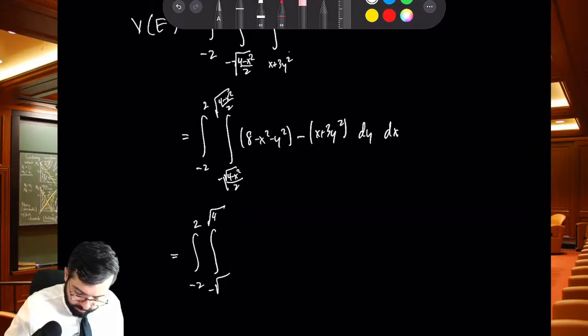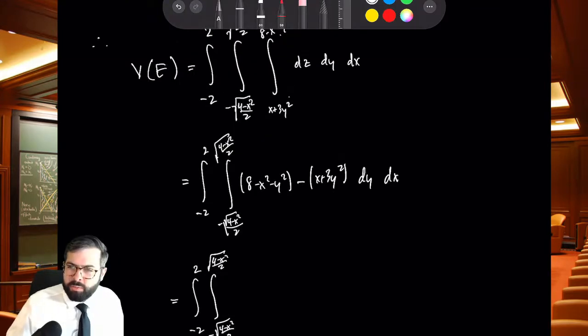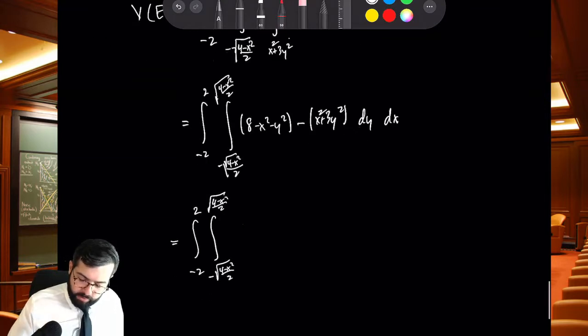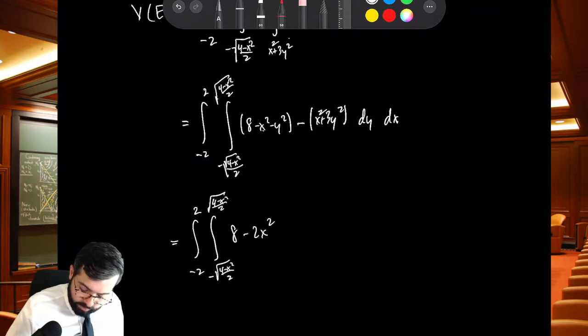Clean this up here. So this should be x squared plus, right? Yeah, I dropped an exponent there. Slow it down. So negative x squared minus x squared, and we got a negative x squared minus 3y squared, so we get 8 minus 2x squared minus 4y squared dy dx.